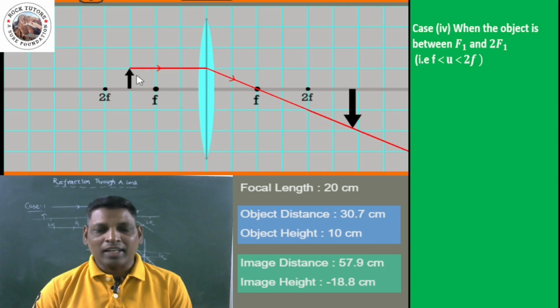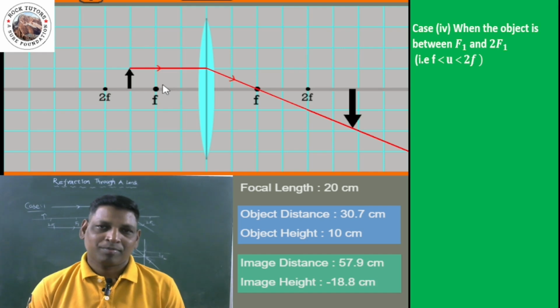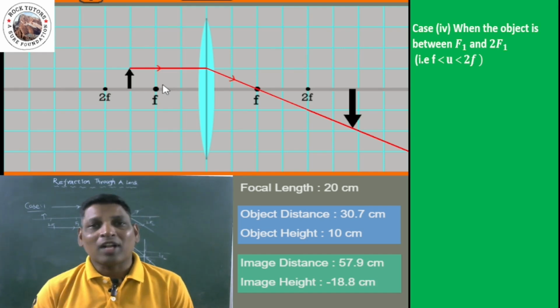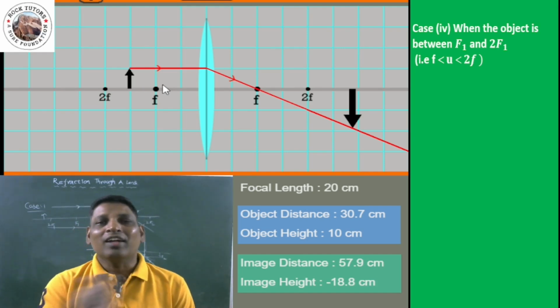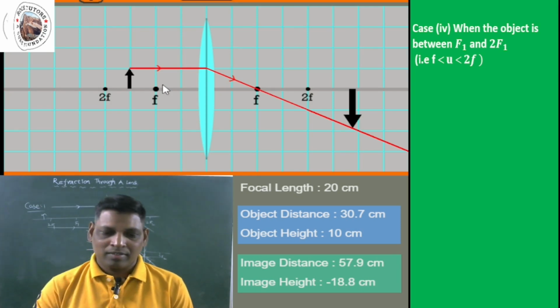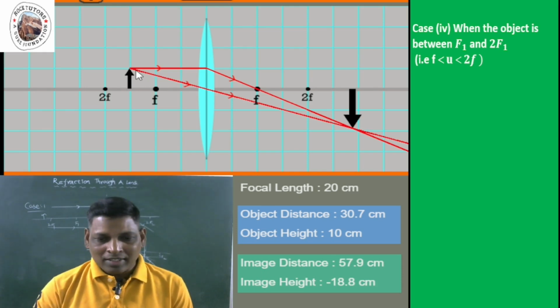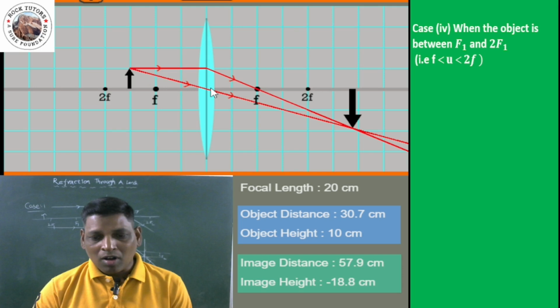Another ray I'm taking, this ray is passing through the optical center. When a ray passes through the optical center, we know that it will not be deviated, it will be undeviated and go straight. If you observe here, the ray passing through the optical center is undeviated and going straight.